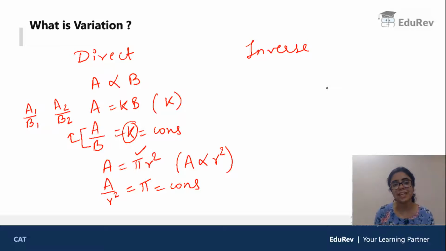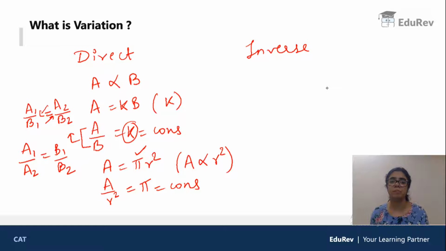So that means a1 by b1 is equal to a2 by b2 because it is equal to a constant value. So we can use alternando and we will get a1 upon a2 is equal to b1 upon b2. I have just interchanged these two.